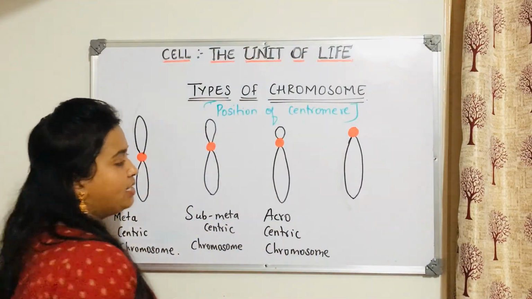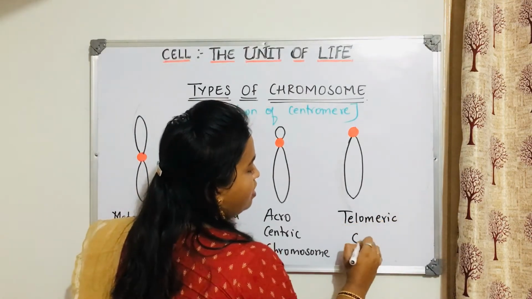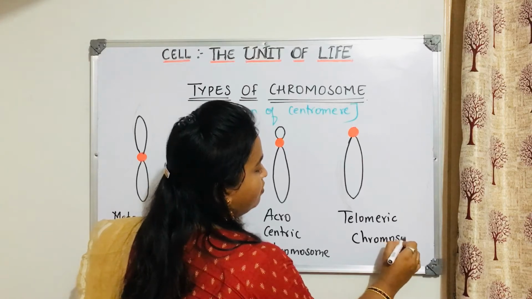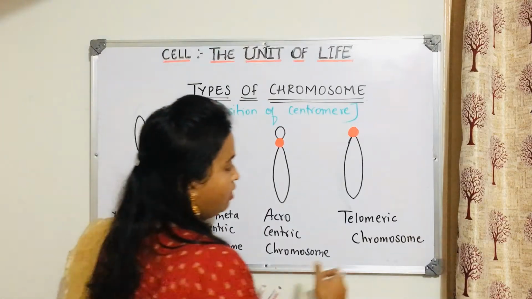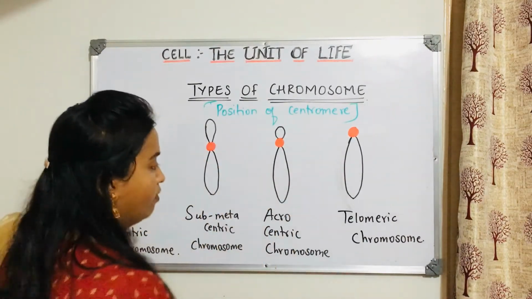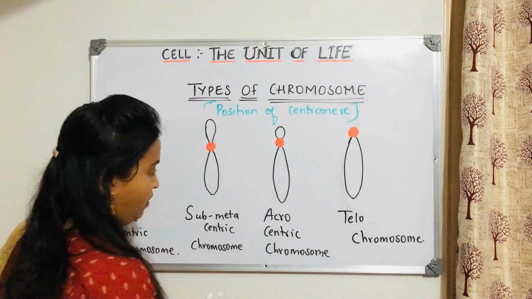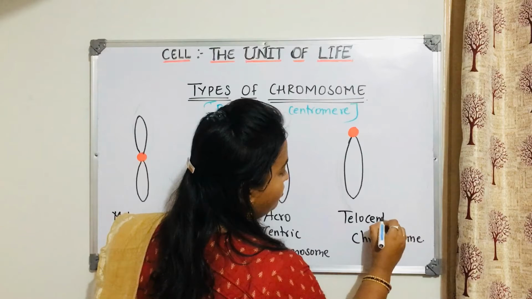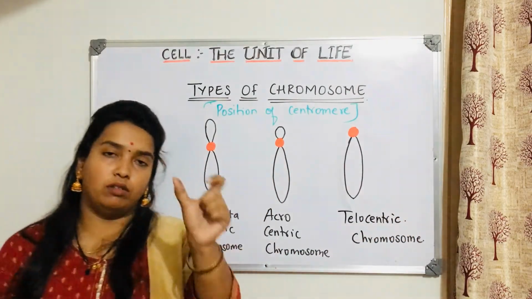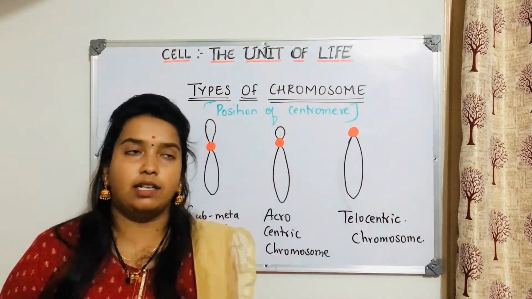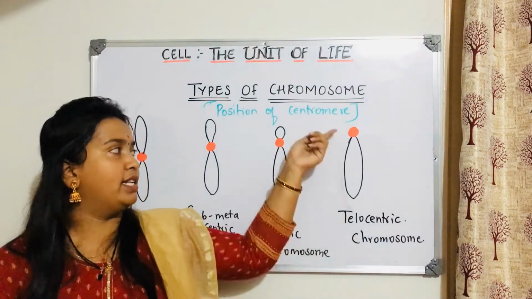Now that is why we call it as telocentric chromosome. In telocentric, you will find the centromere in the telomere region, at the end region. You cannot see the P arm. Completely only you can see the Q arm.